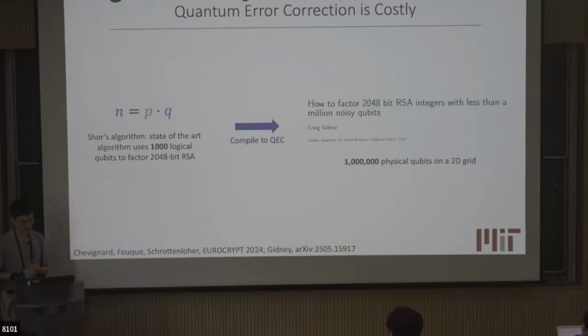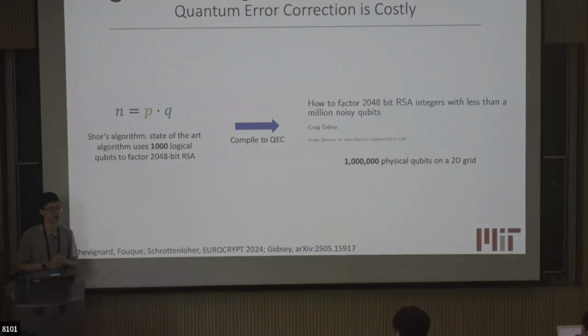Whereas when you take these and compile them into a concrete QEC implementation, as, for example, was done in this paper by Craig, this ends up being around 1 million or so qubits. So you see that there's a very large overhead, in this case in space, but also in time in many cases, from trying to have a quantum error-corrected implementation. And so this motivates the development of methods to reduce this overhead.